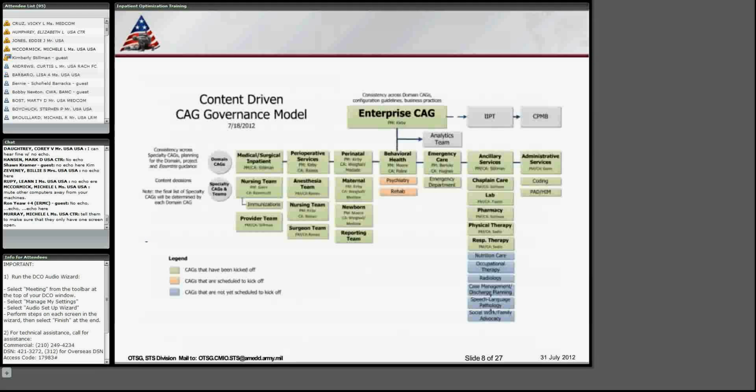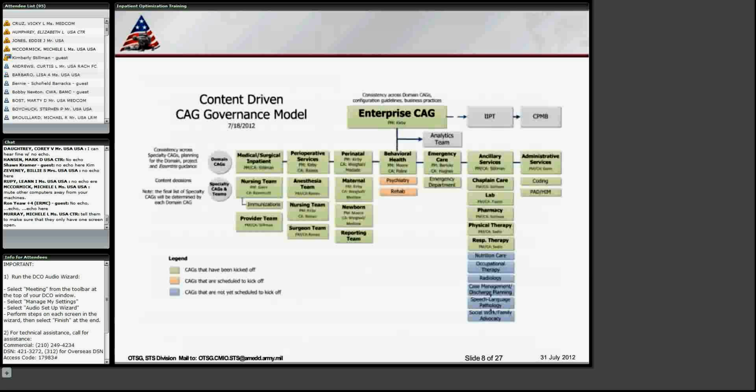So this slide here really shows you everything that's going on with standardization and how the makeup is comprised. So, for example, I'm going to start with the specialty CAGs and then go up to the enterprise CAG. If you look at your slide, hopefully you have a nice clear picture of it.